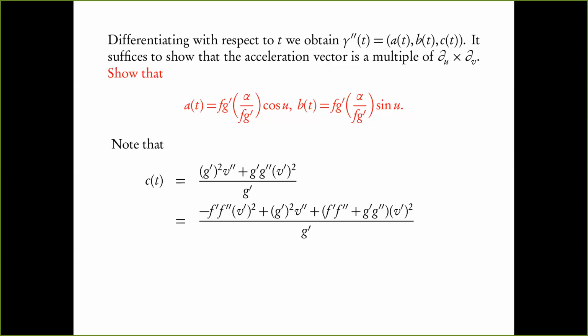But now you can replace v double prime using the second of the two geodesic equations with this quantity. Remember, the second of the two geodesic equations looks like d2v dt2 plus some other terms. So that's what I'm doing. You simplify, and you can also make use of what u prime is at some point.